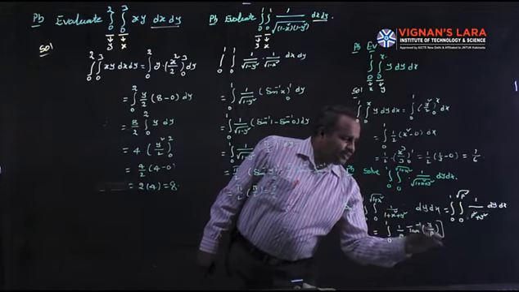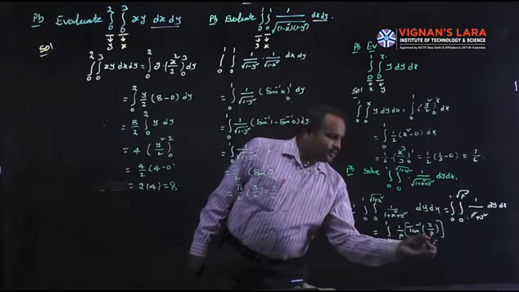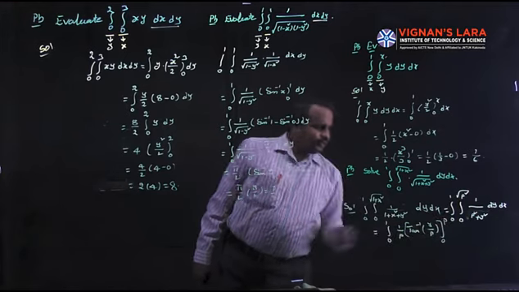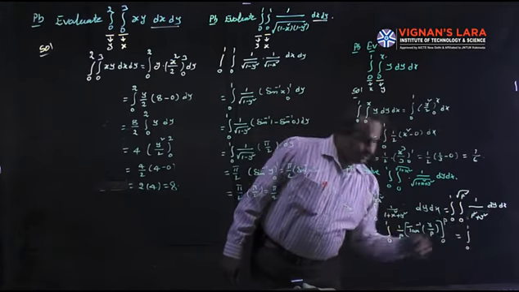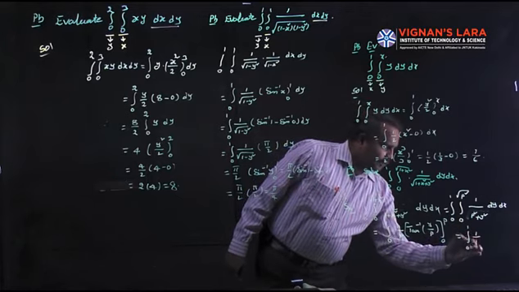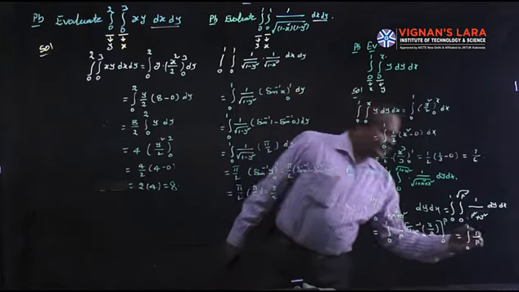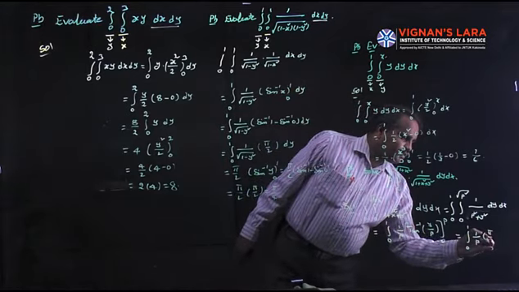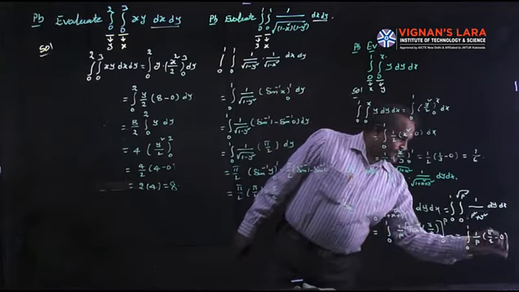What are the limits? The y limits are 0 to under root of p square, which means 0 to p. So it is integral 0 to 1 of 1 by p, substituting the upper limit, p by p is 1, tan inverse 1, which is pi by 4, minus the lower limit 0, since tan inverse 0 is 0.